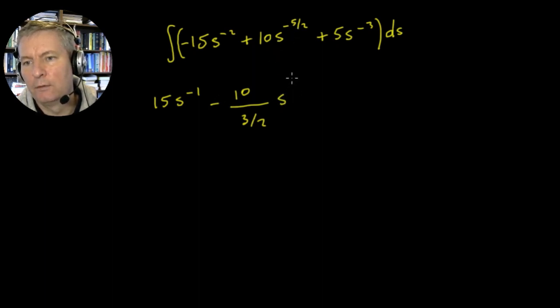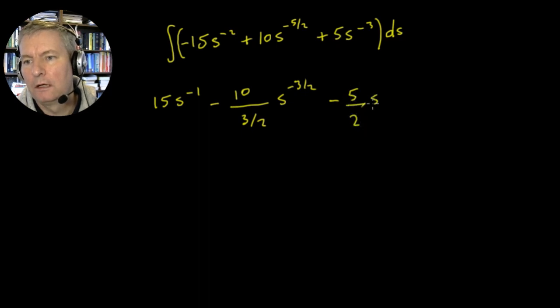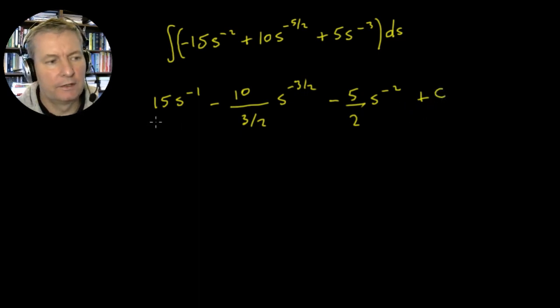That's s to the power of minus 3 upon 2. Now finally here we're going to have minus 3, so we add 1 on, becomes minus 2, and then we divide, so it's going to be minus 5 upon 2 s to the minus 2, and of course it's all plus c.